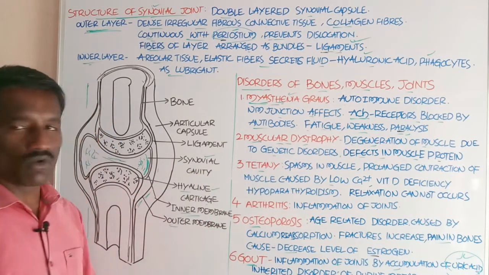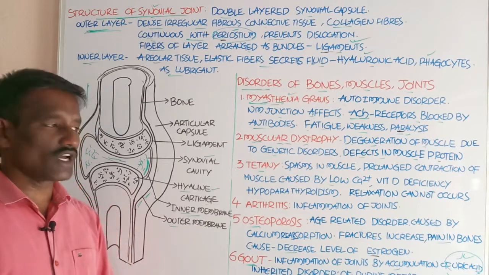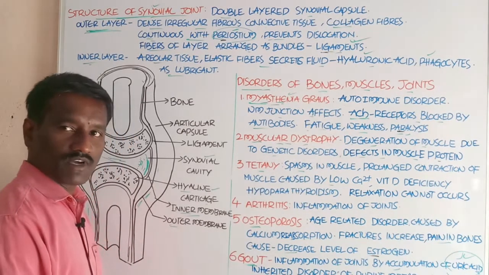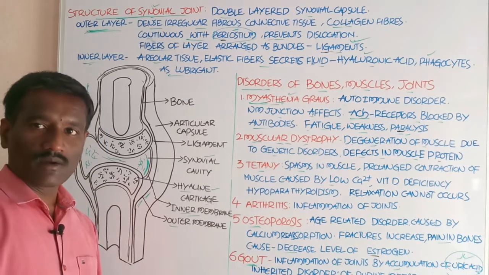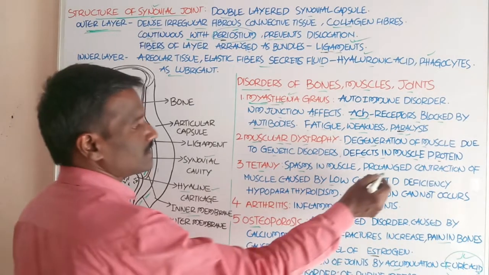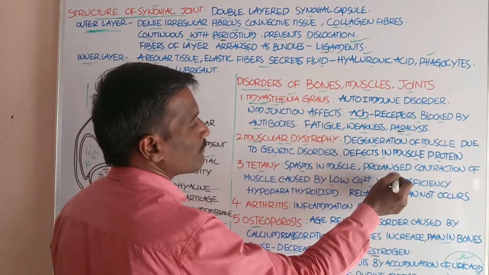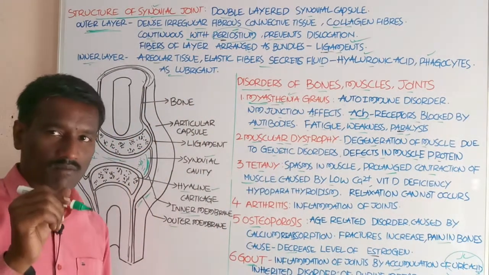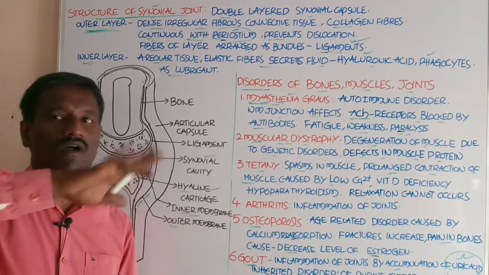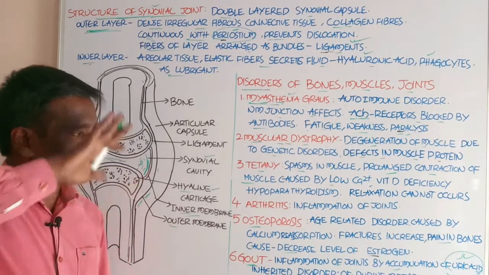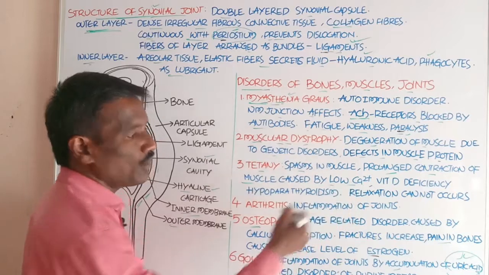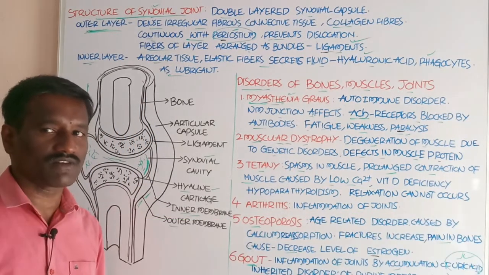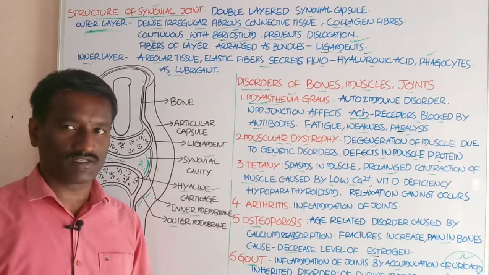Next, the third one is tetany. What about tetany? Tetany is characterized by spasm in muscle. Spasm means pain. It is also with prolonged contraction of the muscle. It is caused by a low amount of calcium ions present in the muscle fiber or body fluids.